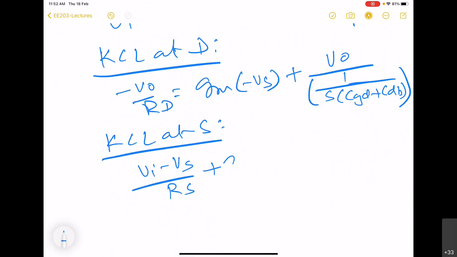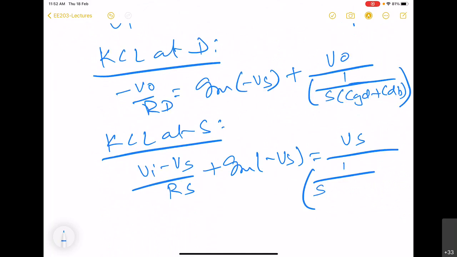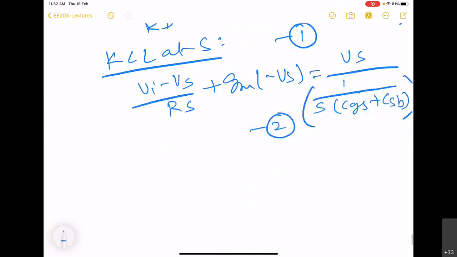So plus gm times minus Vs is equal to Vs divided by 1 by s(CGS plus CSB) here. Now one can eliminate Vs from 1 and 2, and then one can find out VO by VI.